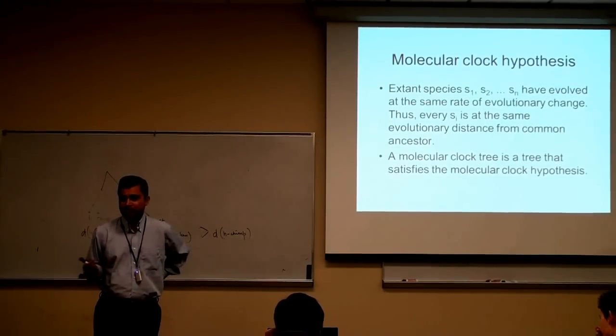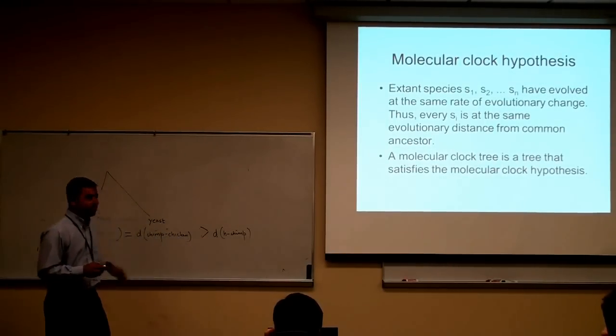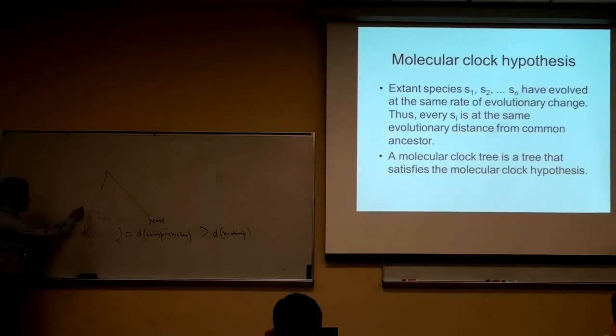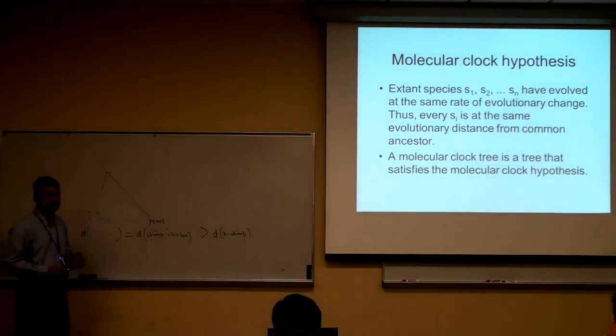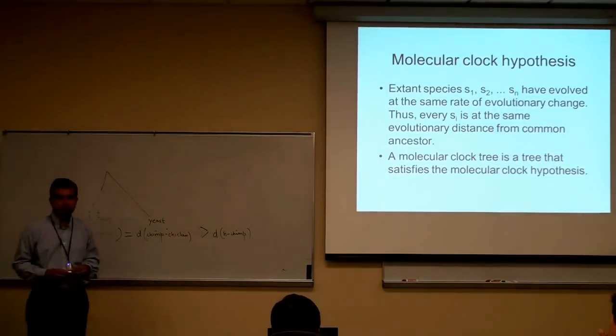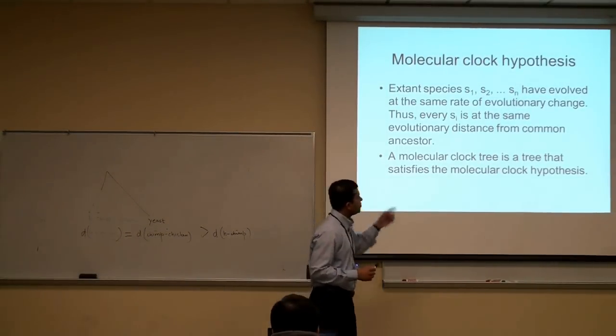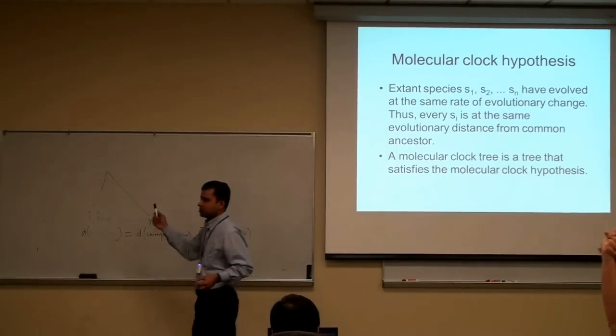Rate meaning rate with respect to time, and therefore the branch lengths are proportional to time, and therefore they have to have this property of being equal for siblings. A molecular clock tree is a tree that satisfies this hypothesis.